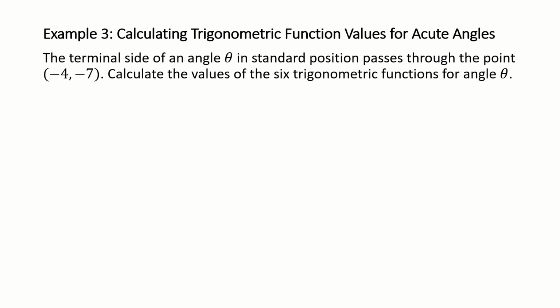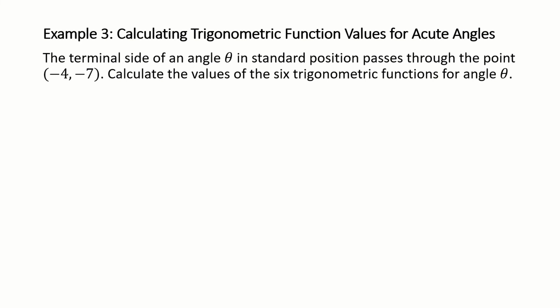Okay, let's continue now to example 3. The terminal side of an angle theta in standard position passes through the point -4 and -7. Calculate the values of the six trigonometric functions for angle theta.